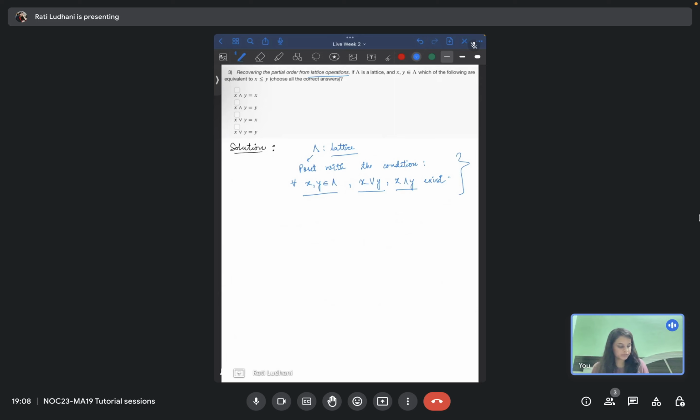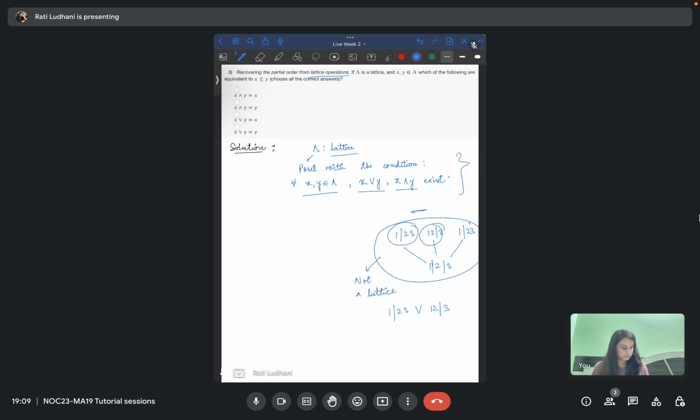For example, when we have taken 1, 2, 3, and you have 1, 2, 3 here, if you just have this, then this is not a lattice, because if you want to join these two elements, there is no element above that.